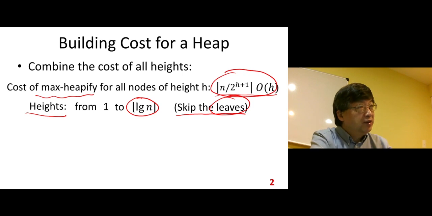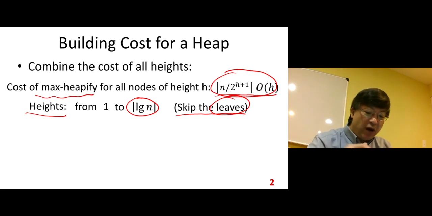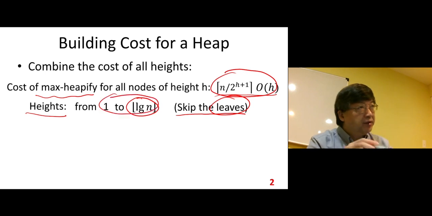You do not need to do max heapify at the leaves. So that's why we do not include leaves. The heights in this range do not correspond to leaves.